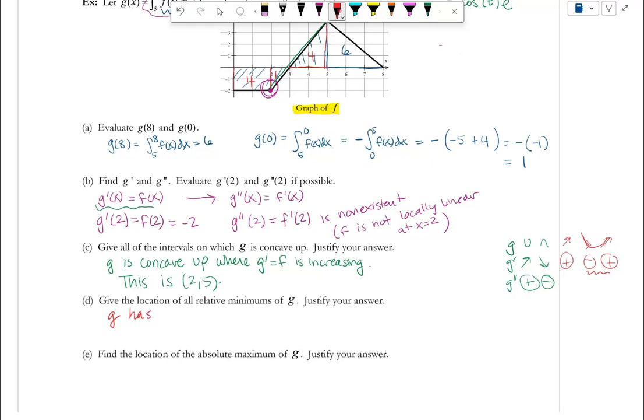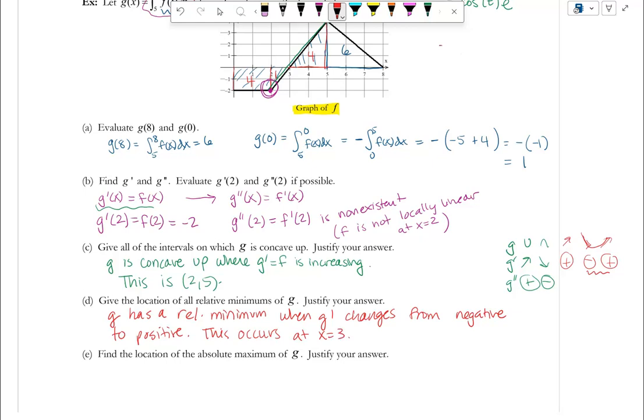So g has a relative minimum when g prime changes from negative to positive. So kind of starting with the justification, you don't have to start with it that way. This occurs at x equals 3.